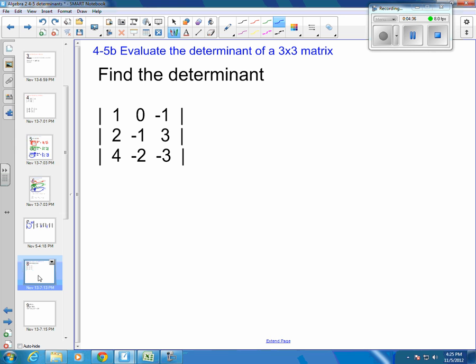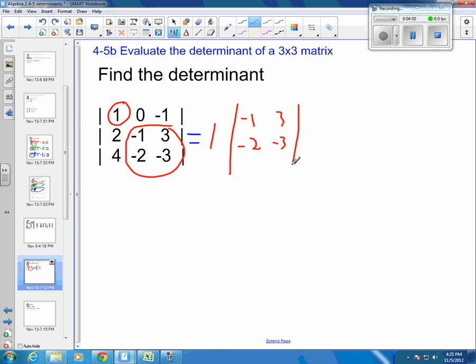Okay, so to find the determinant of a 3 by 3, I am going to take my 1 times the determinant of the minor. So that's -1, -2, 3, -3. And these are just awfully long problems, if you haven't figured it out. Let me get rid of my red here, and then I'm going to go grab green.